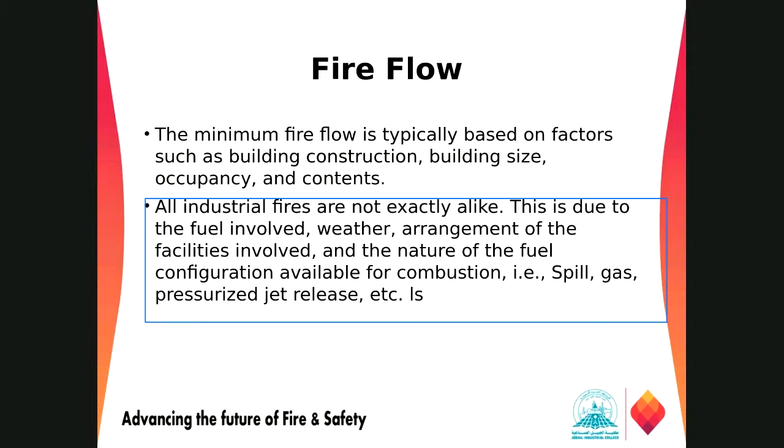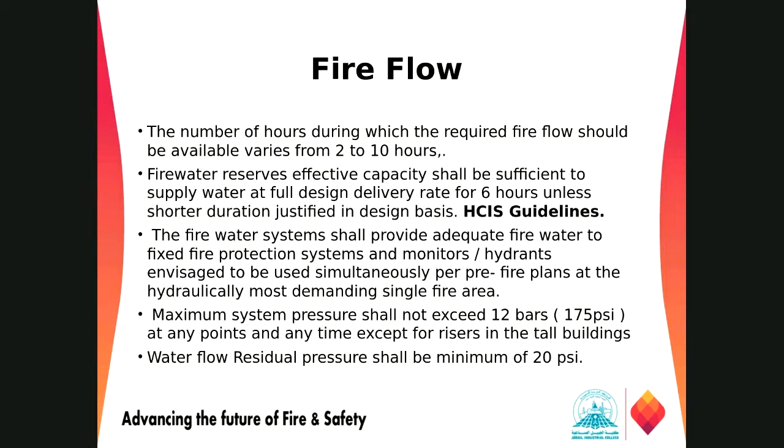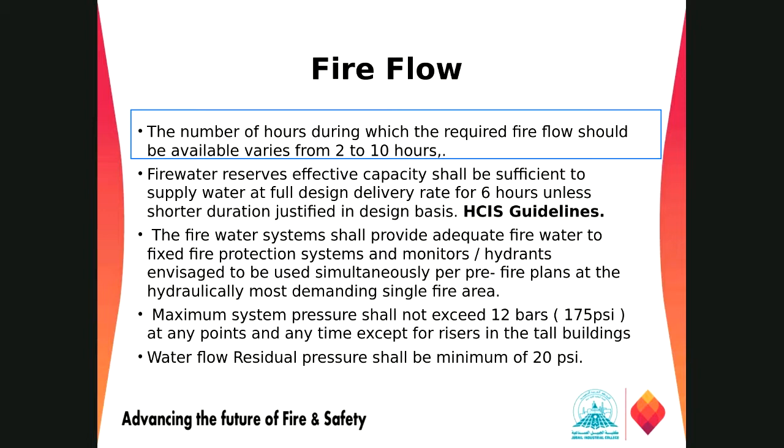Here we have a table from NFPA 1, which they have taken from the International Fire Code, showing the area required for the buildings. The number of hours during which the required fire flow should be available varies from 2 to 10 hours. This is the normal fire flow.